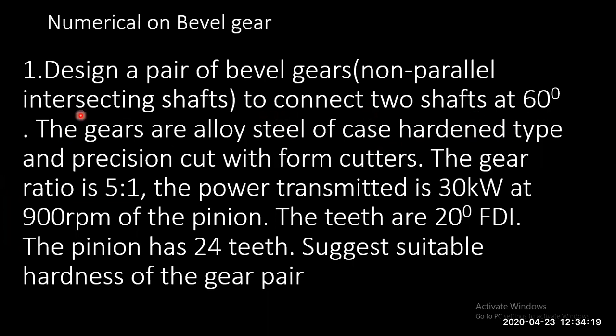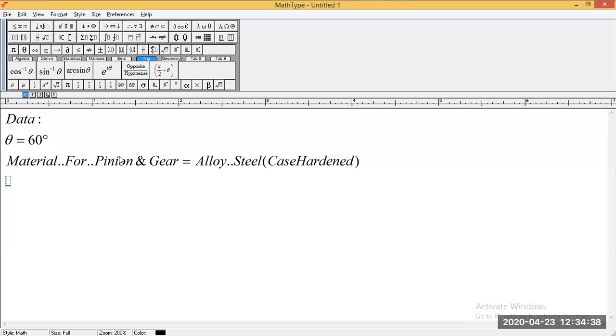Both are the same material, so automatically the pinion is weaker. And they are precision cut with form cutters. These two data are also important for us. Remember, for form cutters the value of CV was important, and for precision cut, to get the error, this is important. So let's note that down. It is precision.